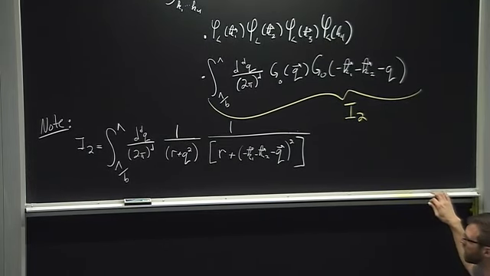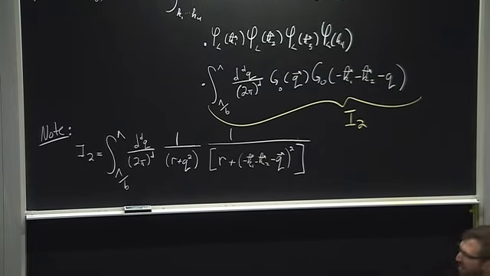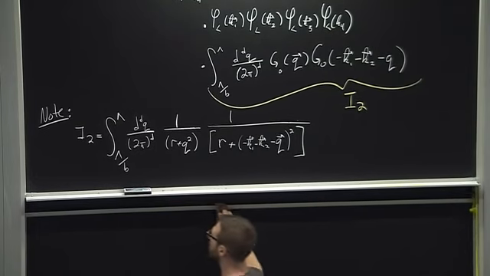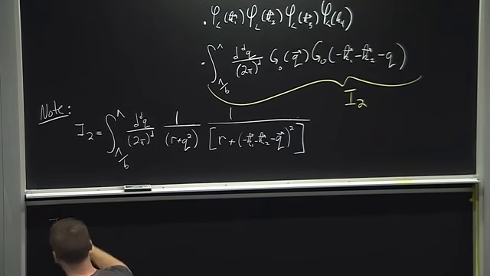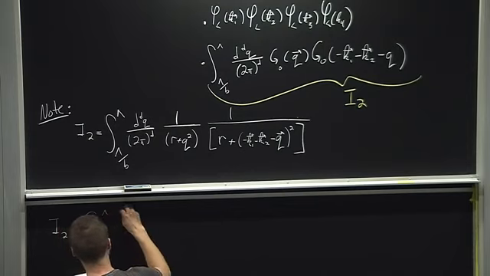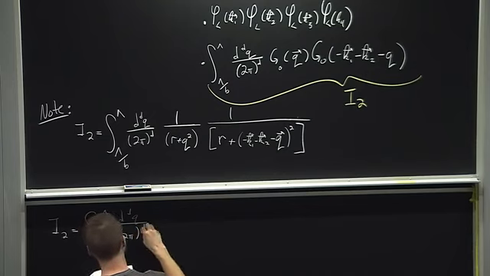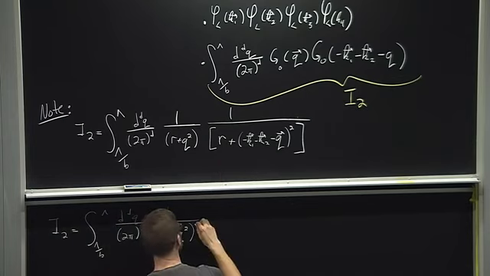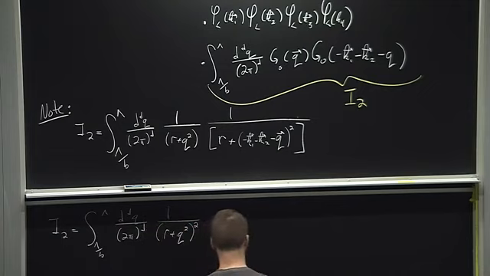Take that square and then expand that as a series, that 1 over whatever that remaining thing is. So that expansion will give you something like... what do I want to pull out? I'm going to pull out an r plus q squared also from this piece. And then I'm going to expand what remains.